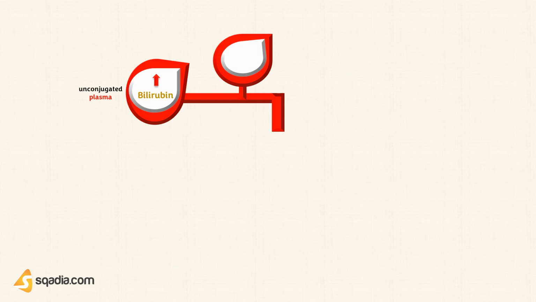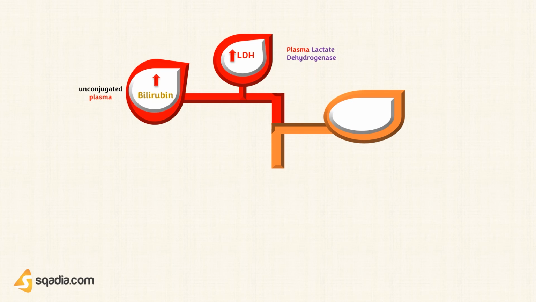Second most common finding is raised LDH or lactate dehydrogenase plasma levels coming from damaged RBCs. Another finding is lower levels or absence of plasma haptoglobin.